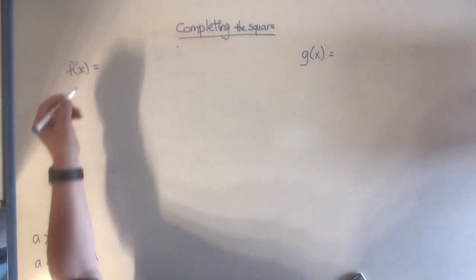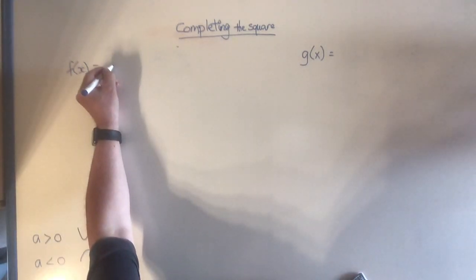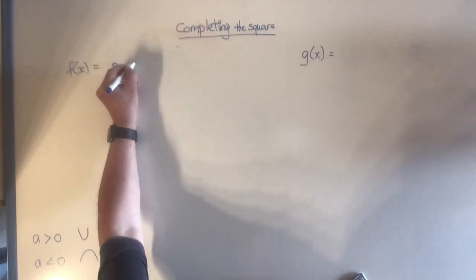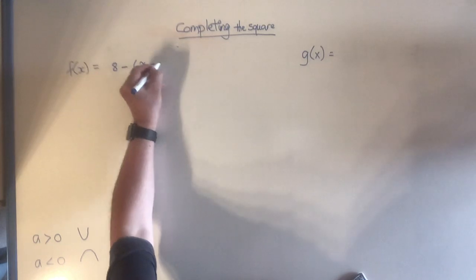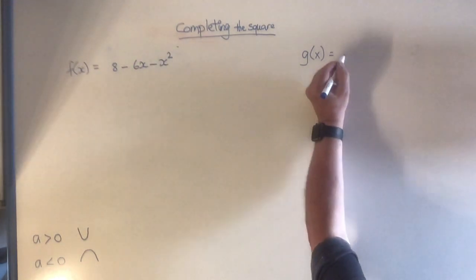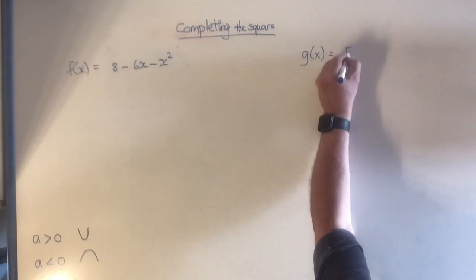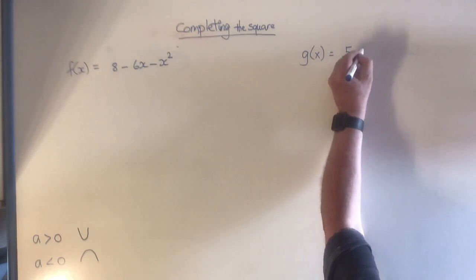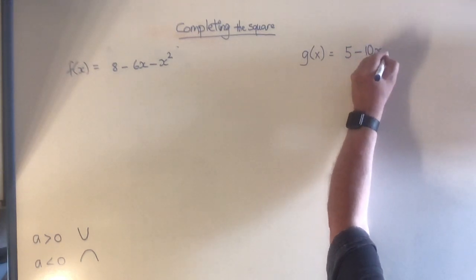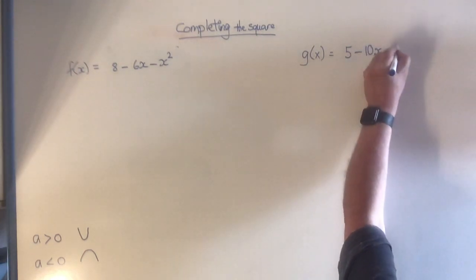So let's go with, I don't know, 8 minus 6x minus x squared. We'll pick another one. Let's go for 5 minus 10x minus x squared.